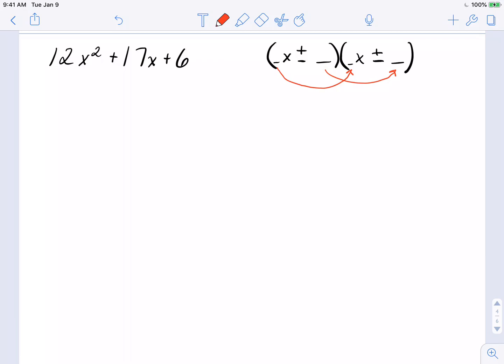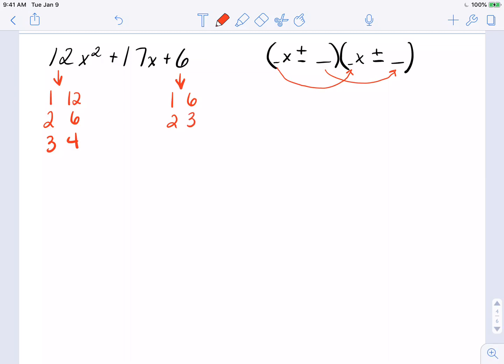be. All right, so let's look at our factors of 12. I'm going to go ahead and let you guys tell me what the factors of 12 are. So our factors of 12 are 1 and 12, 2 and 6, 3 and 4. Our factors of 6 are 1 and 6, 2 and 3.